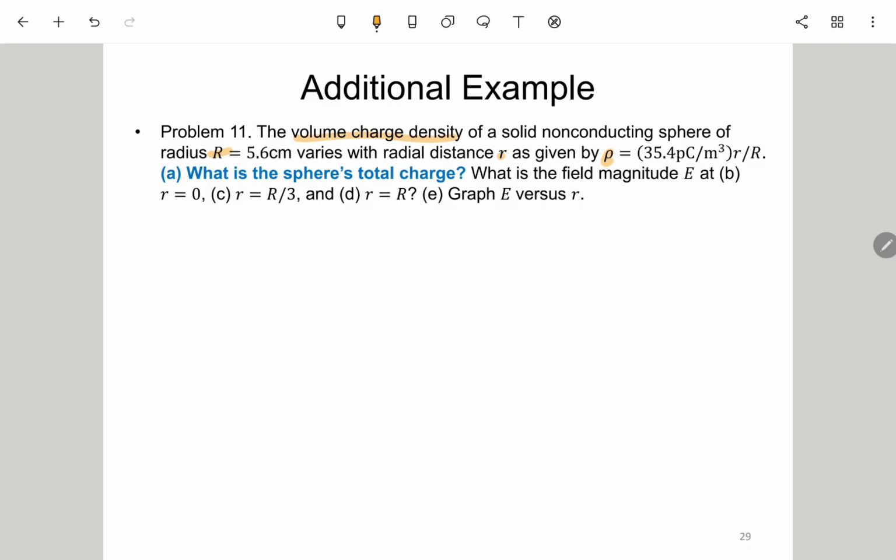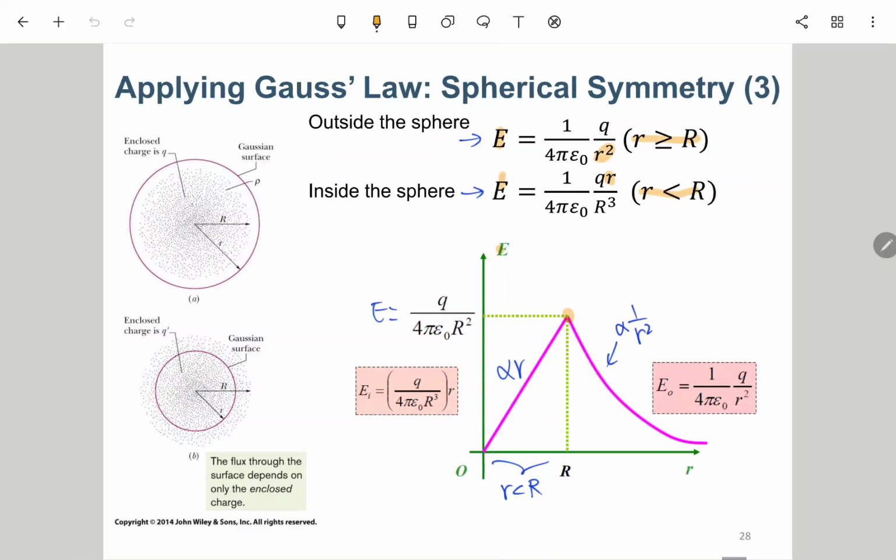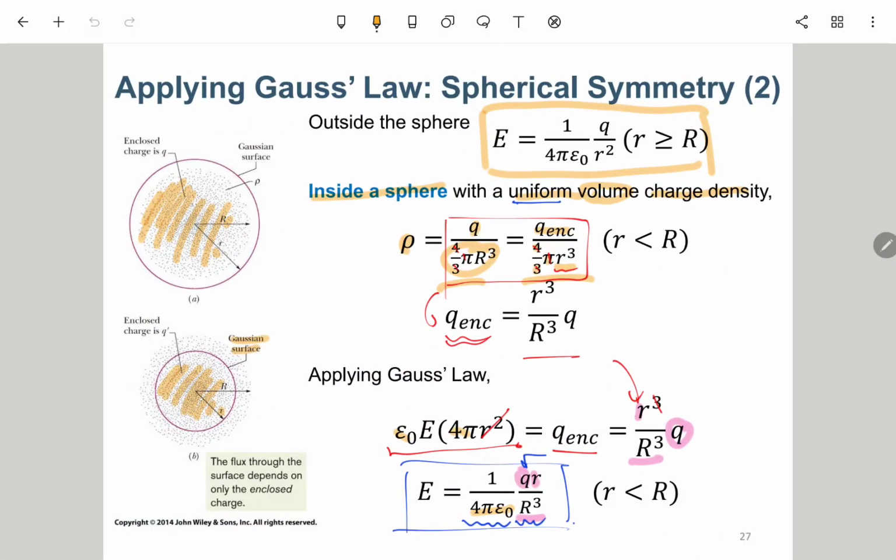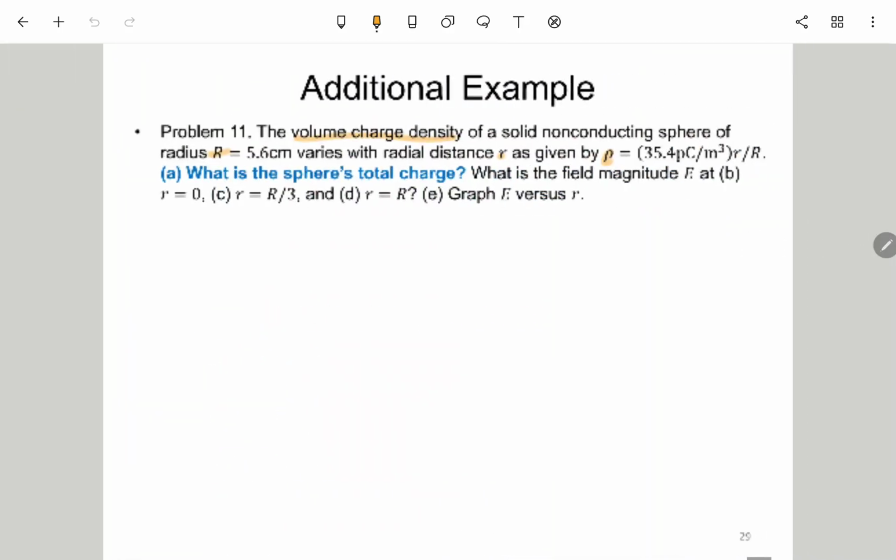This is the charge density, which is not uniform. In the earlier case the charge density is uniform; this is not uniform, so we need to use some integration. This density is proportional to the radius. It asks what is the sphere's total charge.